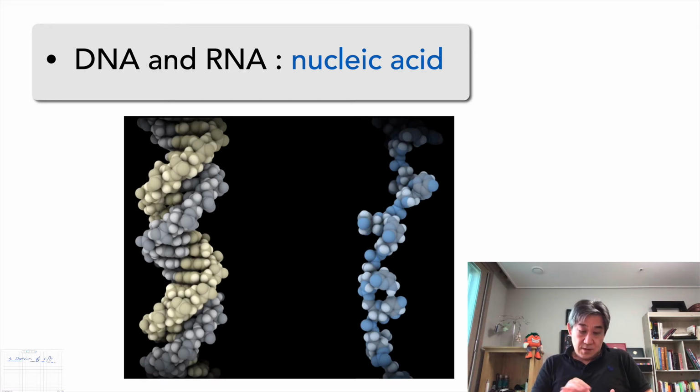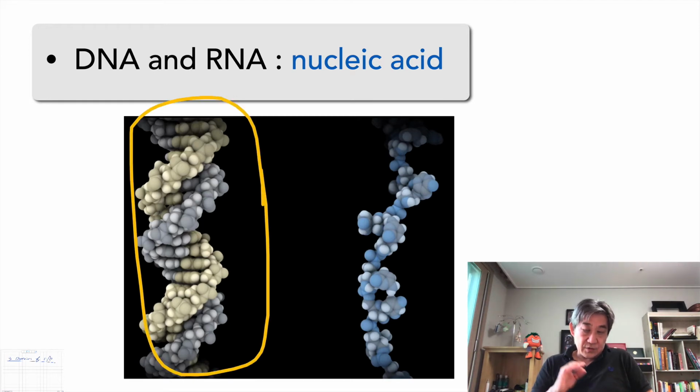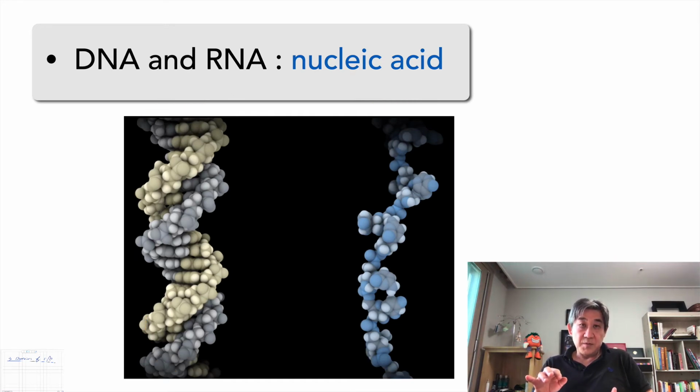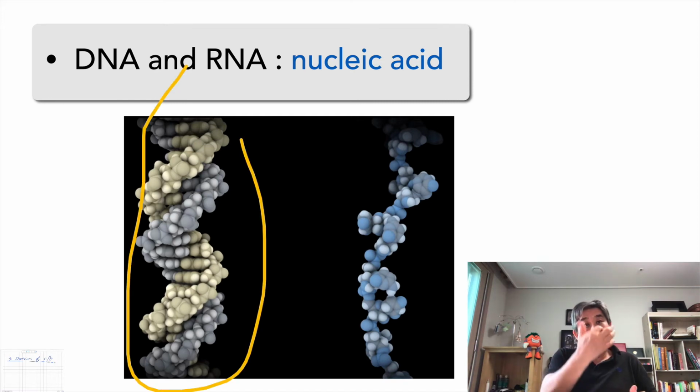On the left side you get to see a model of DNA, and the right side is the model of RNA. The difference between DNA and RNA appears to be that one is chubbier and the other one is skinnier, right? The reason why the RNA appears skinnier while the DNA is fatter is because DNA is made up of two strands.